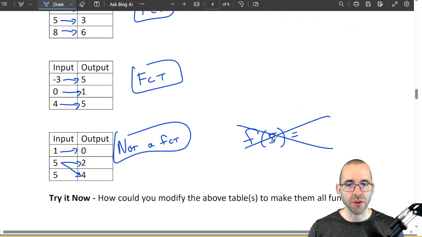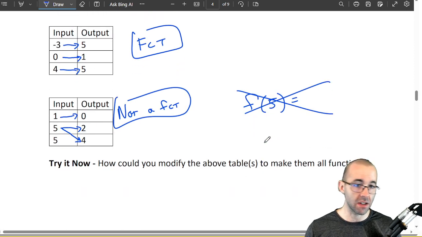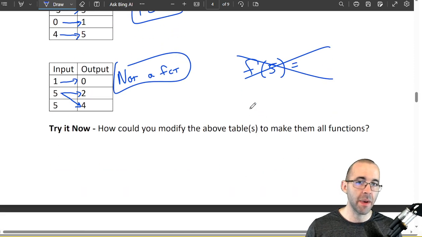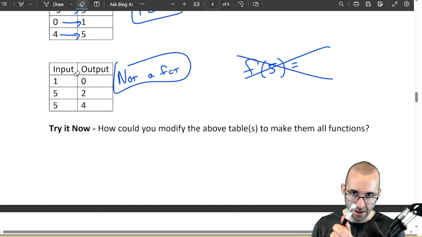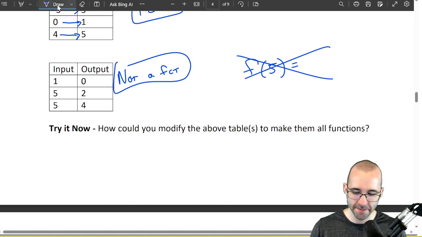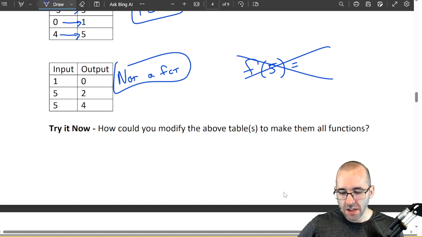We'll finish this video with a try it now. How could you modify this last table to make it a function? What would we have to change? Think about it. See if we get the same answer. The problem here is that 5 goes to two different places. One way that you could do it would be to eliminate this row altogether.